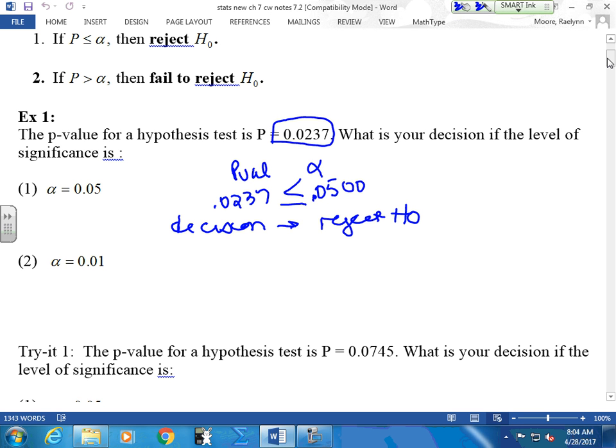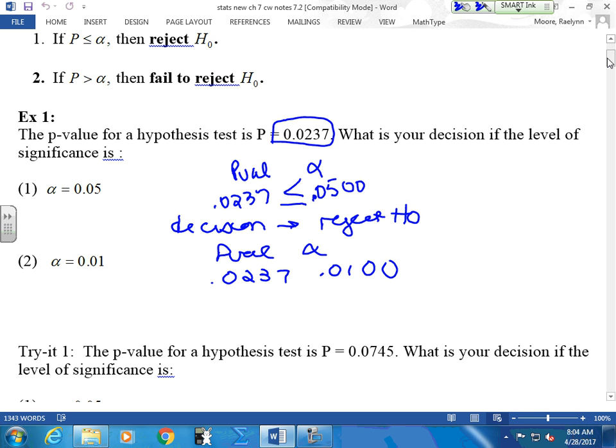Now, they say, okay, test it against a level of significance of 0.01. So I do the same thing. P-val to level of significance. My p-val from my problem was this. My level of significance is this. I put as many zeros as there are places over here because they both have decimals.